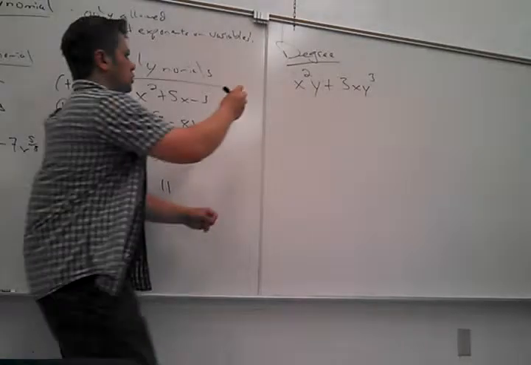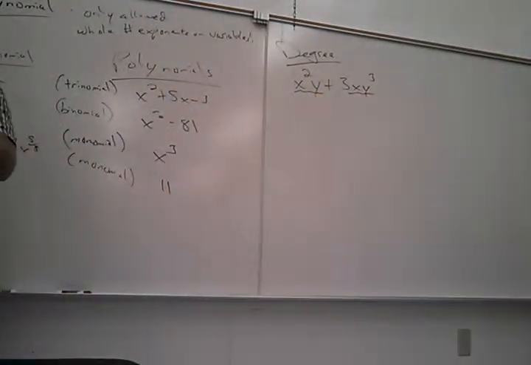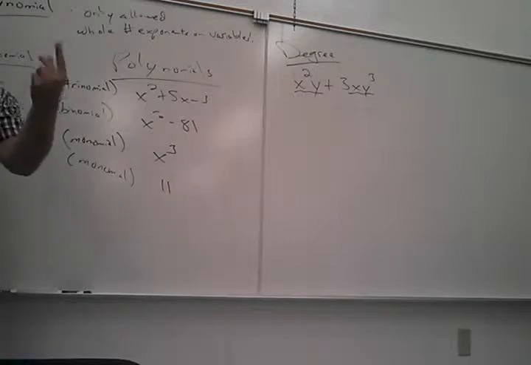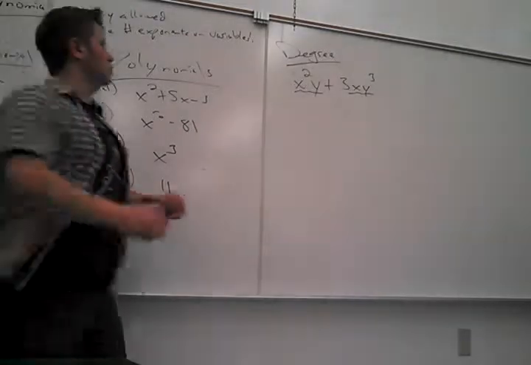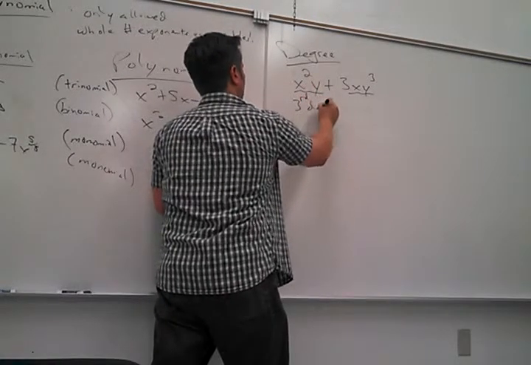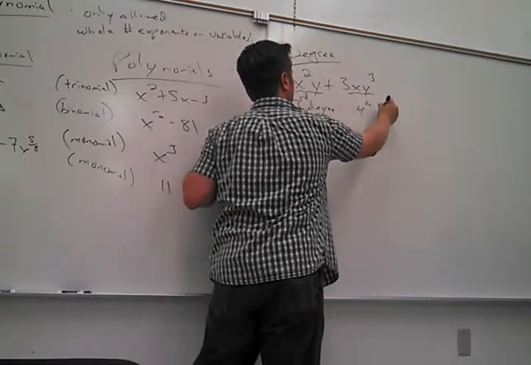The degree of a term is the total number of letters I see in there. So I see 2 x's and a y in that first one. So what's the degree of that term? I see 2 x's and a y. So it's the 3rd degree term. What about this guy? 4th degree term.